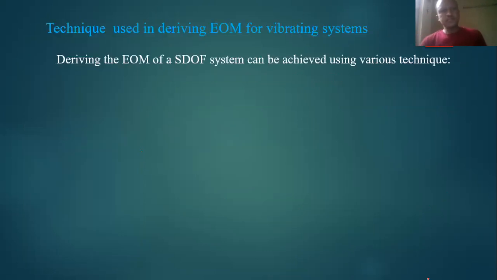So let's consider some techniques used in deriving the equation of motion for a vibrating system. As we have seen, some techniques are Newton's laws, the Lagrange form, the energy conservation form, D'Alembert's principle, and others.